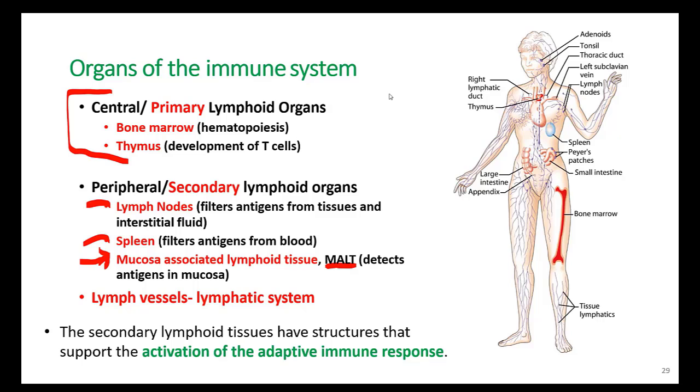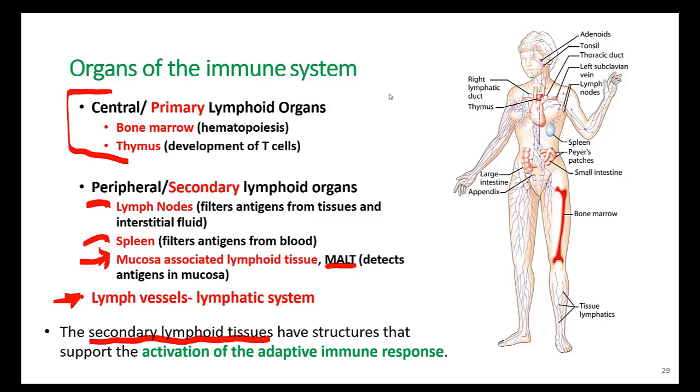Other things that make up your lymphatic system, of course, are lymph vessels. One thing that is really important to know is that your secondary lymphoid tissue is the site where your innate cells activate your adaptive cells. That's the site where all the action is taking place.